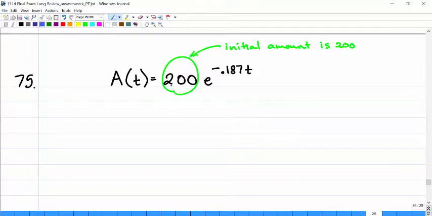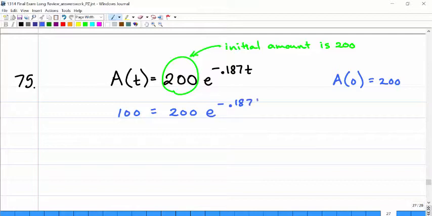So if I start with 200, notice that the constant out here is the initial amount, because if I plugged in 0 for t, e to the 0 is 1. 200 times 1 is 200. So A of 0 is 200. That is the initial amount. That's how I'm getting that. So if I want to know how long it'll take to get to half of that amount, when will the amount equal 100?